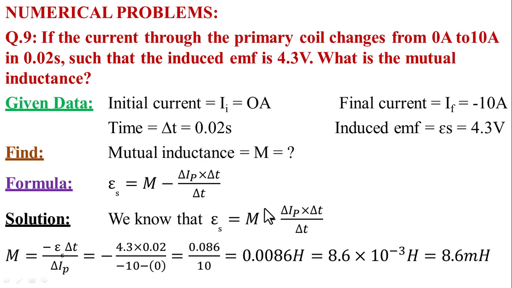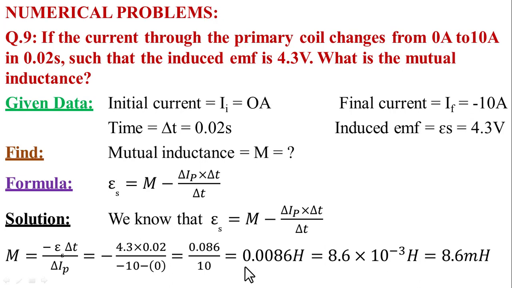So we can use the values: M is equal to minus 4.3 multiplied by 0.02 divided by 10 minus 0, that is equal to 0.086 divided by 10.